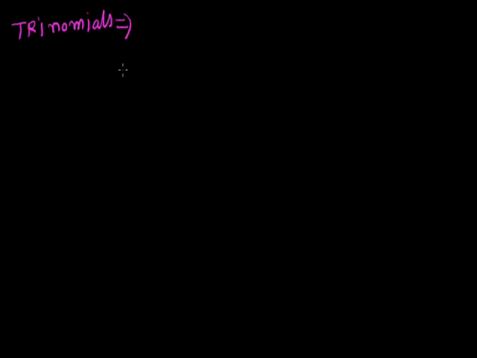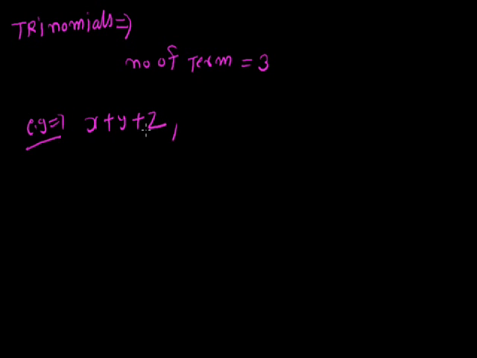Means any polynomial which has number of terms is equal to 3 is defined as trinomial. Means in any trinomial number of terms will be 3. Now we come to the examples of trinomials. What are the examples of the trinomials? We can write x plus y plus z. It is an example of trinomial.